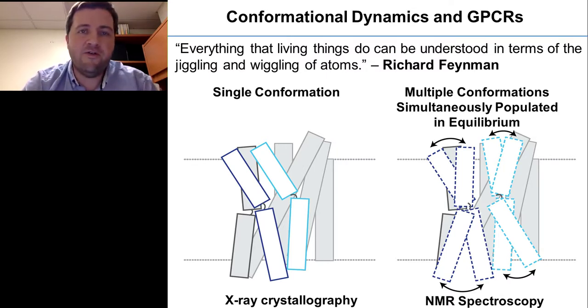And here we have a comparison of some of the strengths between X-ray crystallography and NMR, whereas X-ray crystallography can give us very high resolution information. That information is of a single conformational state. Whereas with NMR spectroscopy, we can observe multiple conformations that are simultaneously populated and in equilibrium.